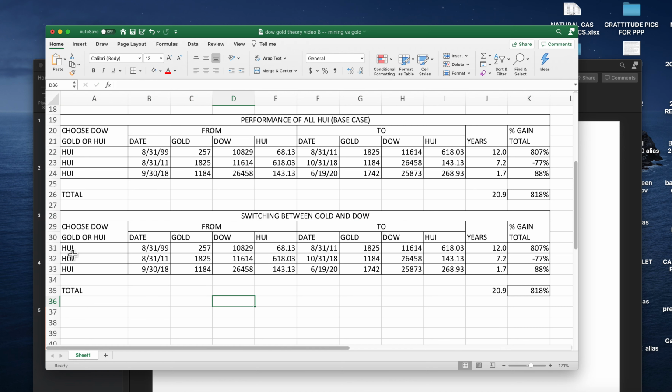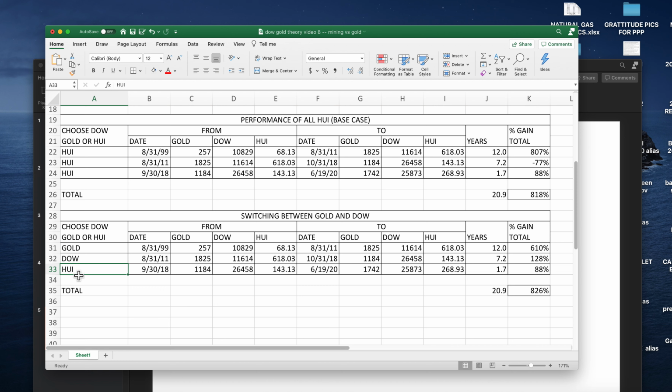And like I said, in this first leg, we've already identified, watch the first video, that the first leg we should be in gold. The second leg, it should be Dow. And notice that negative 77 will disappear and be replaced by something positive.